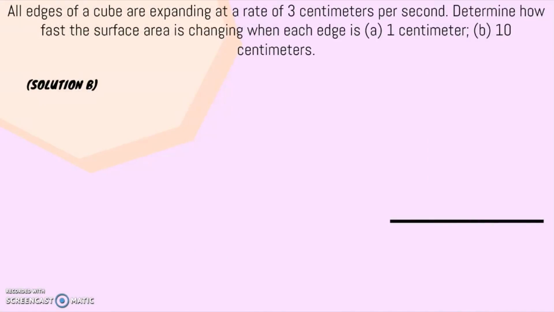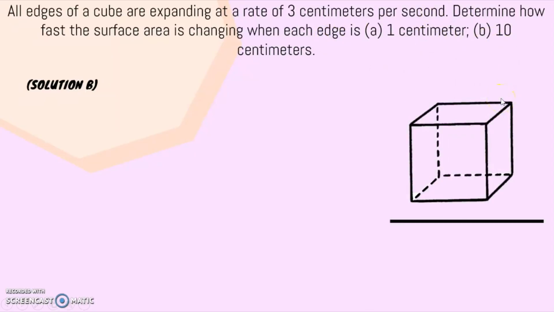Okay, so moving on to the second part of the problem, where x is 10, where each edge measures 10 centimeters. We are basically just going to repeat the process in solution A, only this time our x would be 10 centimeters. So we then draw another cube.